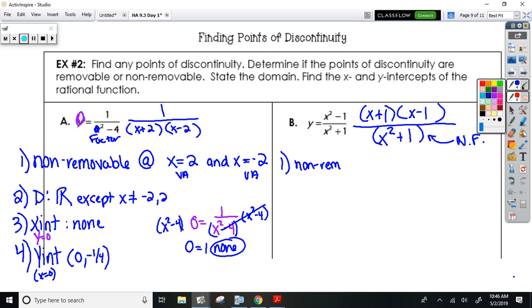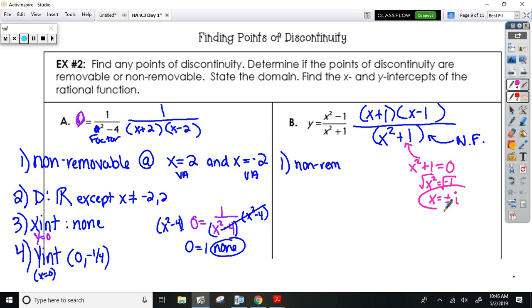So again, just like we did in the last one, we set the denominator equal to 0. This time we're going to have to take this quadratic and set it equal to 0. So solve for x. Subtract 1. Square root. Plus or minus. What's the square root of negative 1 again? I. Do we get imaginary things on our graphs?